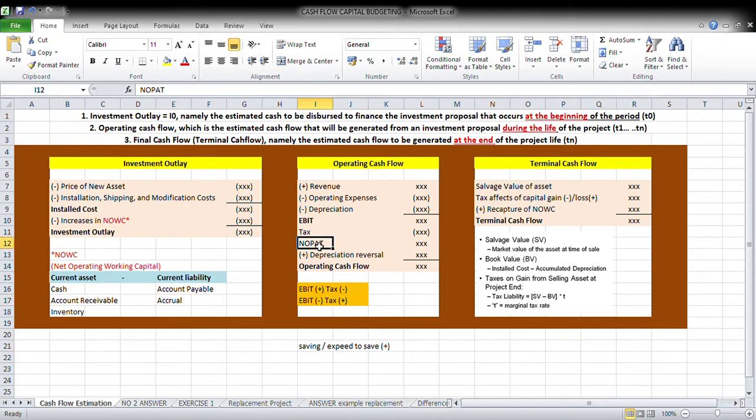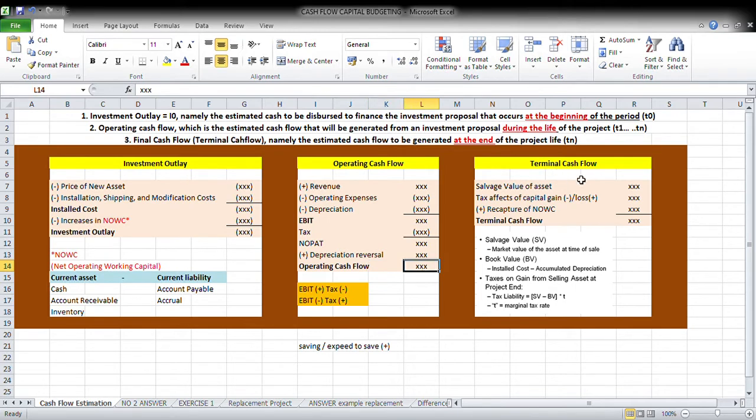And then we get the NOPAT, net operating profit after tax. Then plus the depreciation reversal, it means that the number is the same as this one; the difference is that this is plus, this is minus. Okay, and then we get the operating cash flow, just like that.